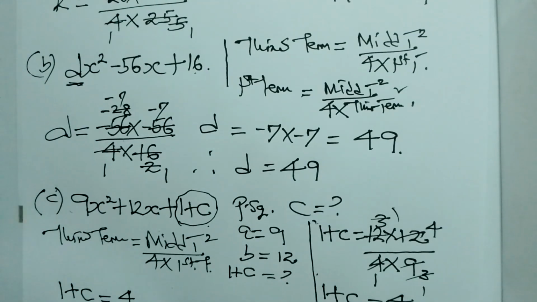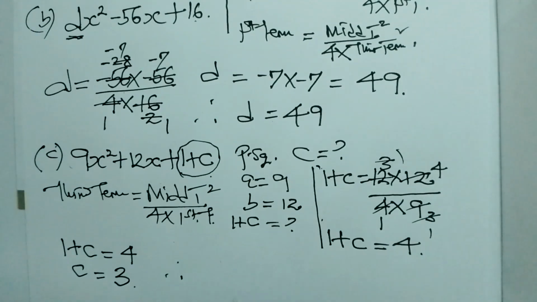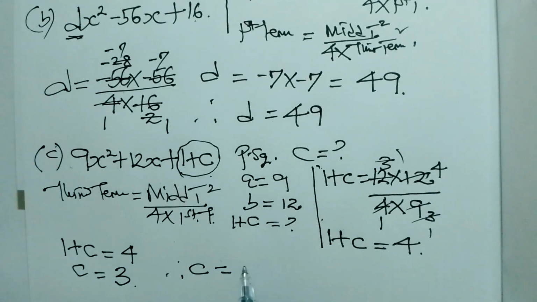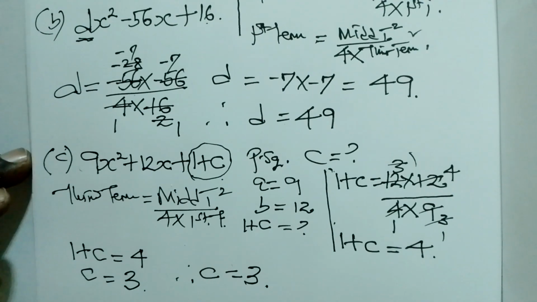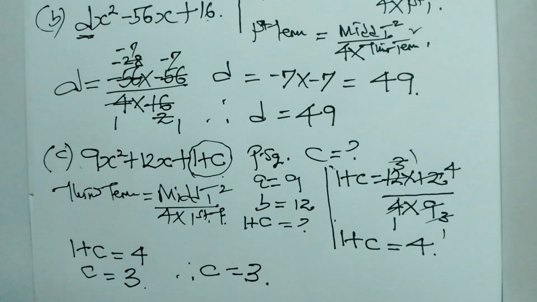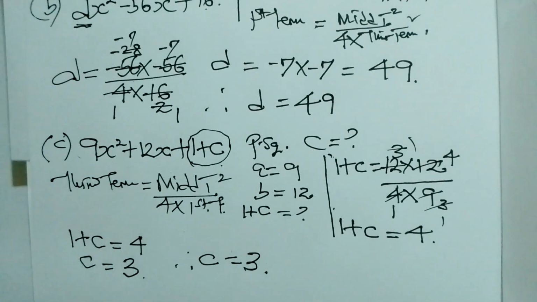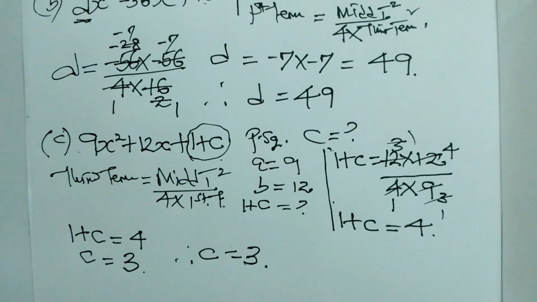Therefore, we conclude that c is equal to 3. So with that particular expression, when c is equal to 3, that expression will become a perfect square.